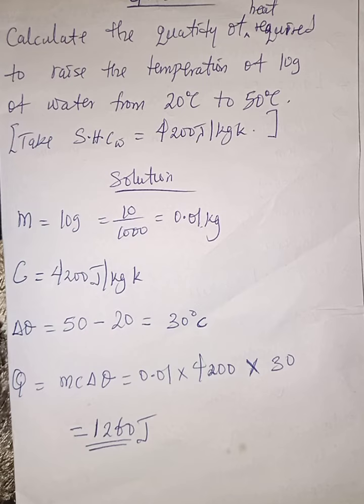So if you are asked which of these depends on the mass of substance present in the system, heat capacity depends on mass, but specific heat capacity does not actually depend on mass. It's independent of mass. Please take note of that. It's also very important. Thank you.